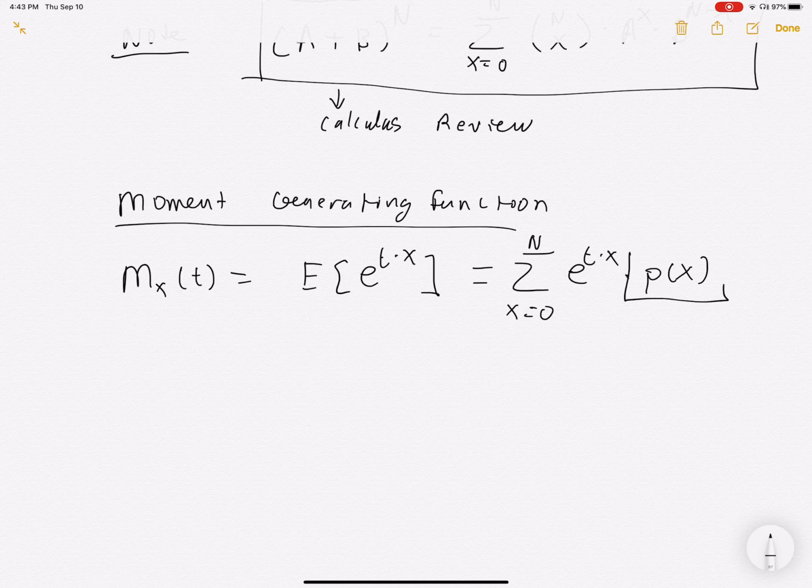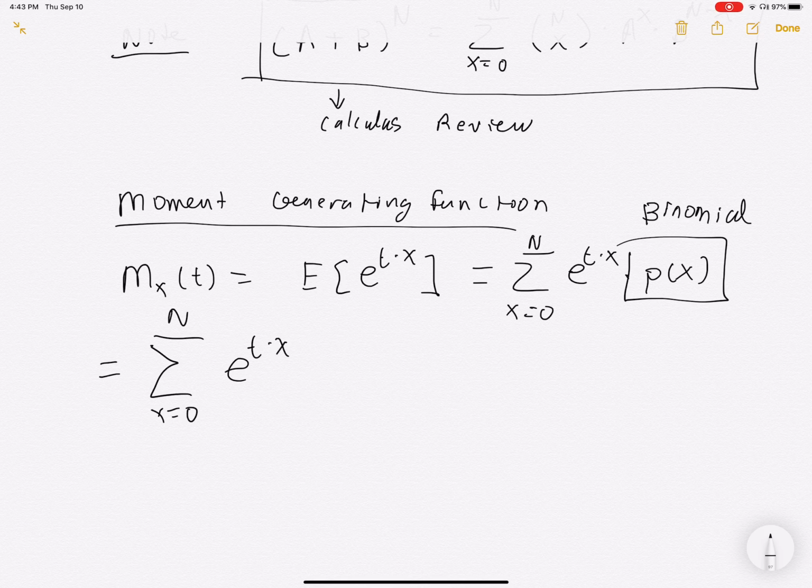But wait, for this p of x, that's binomial. So we can go ahead and plug in what calculates probability here. And what calculates probability for a binomial distribution is n choose x times p to the x times q to the n minus x.